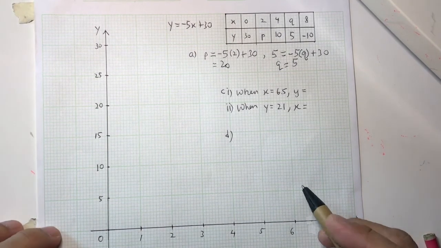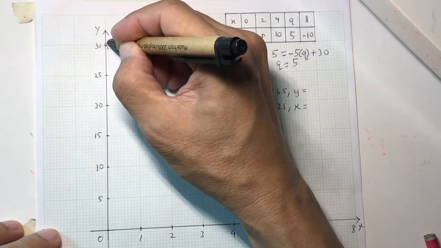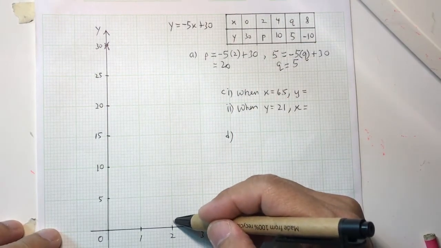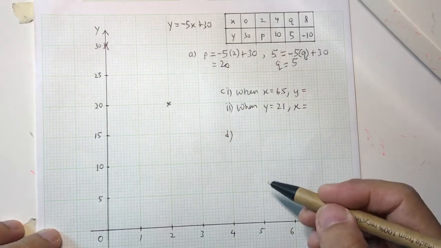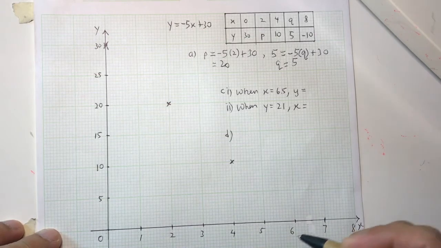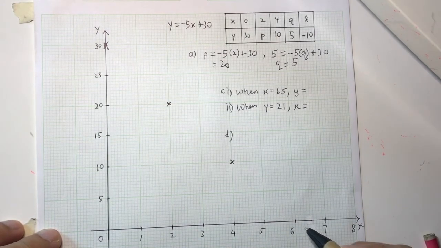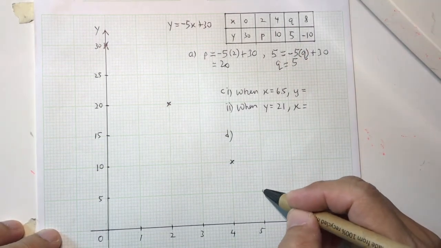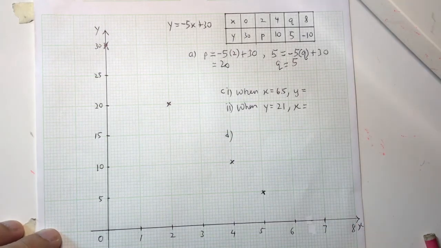Now we are ready to plot 0, 30, that is this point here. Next 2 and P is 5, 20, 4, 10, and 8 is 5, 5, and the last point is 8, negative 10.